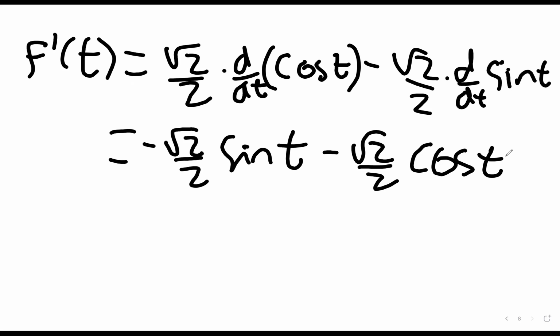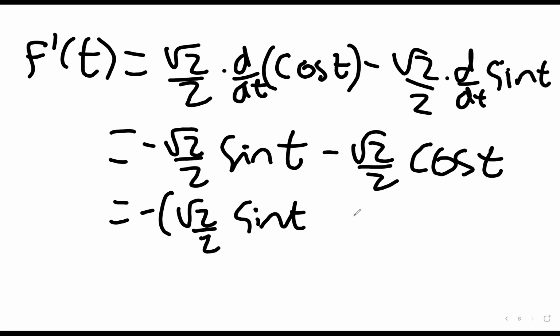Okay, so that's it. But actually, you may simplify this term. If you put the minus sign at the front, you have square root of 2 over 2 sine t plus square root of 2 over 2 cosine of t there.